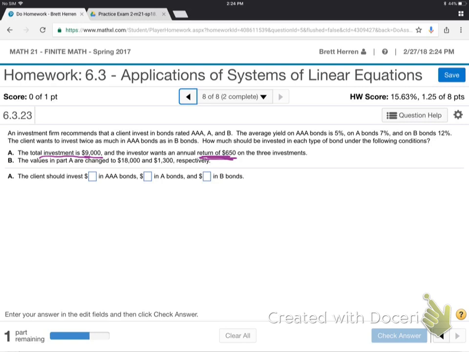Sorry, I wish I could blow it up so you can all see, but I guess I could write some facts out. So AAA is 5%, regular A is 7, and B is 12.